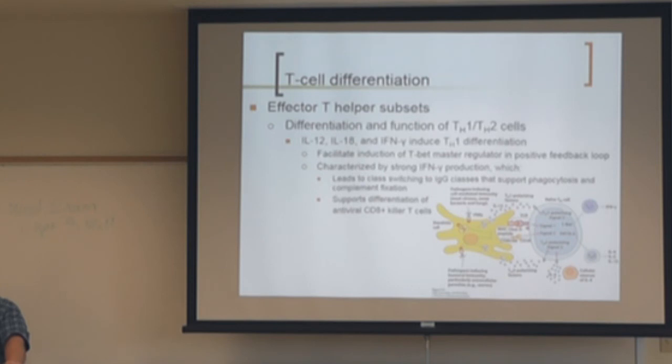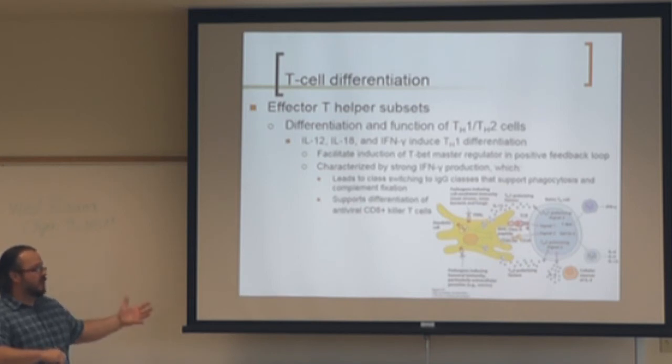That's based on what signals, what PRRs the antigen presenting cells themselves are getting. The antigen presenting cells pass the information to the T cell via what cytokine they secrete.